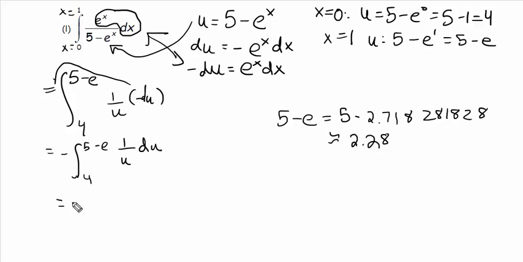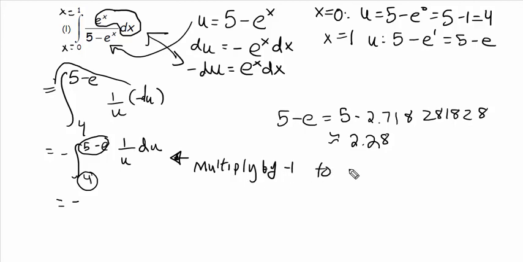So this is actually a lower number than the 4. So this is technically another situation where you need to multiply by -1 to switch a and b. So this negative actually goes away.